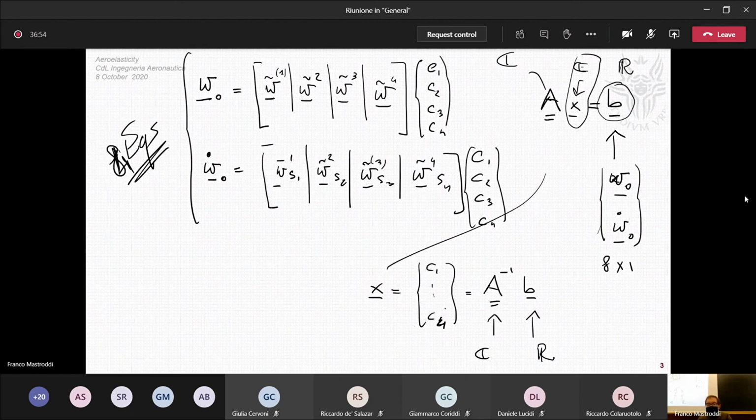So, what do you expect to obtain here? Here you have 4 pieces of information. On the right hand side, in b, you initially have 4 real pieces of information. Obtaining 4 complex pieces of information is strange, because 4 complex pieces of information imply 8 real ones.